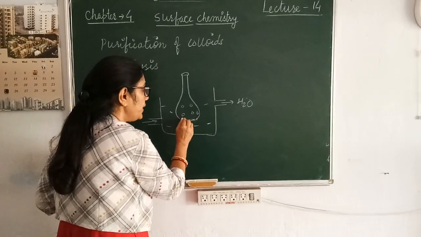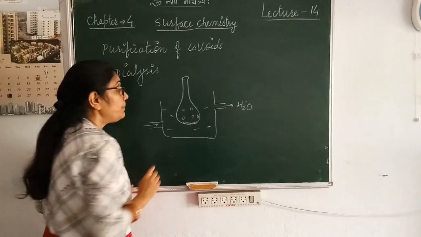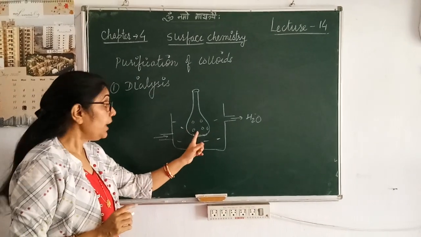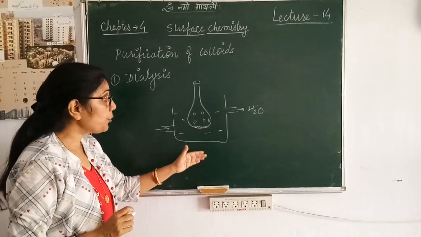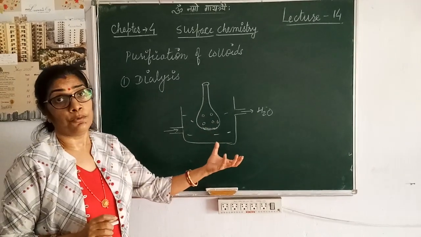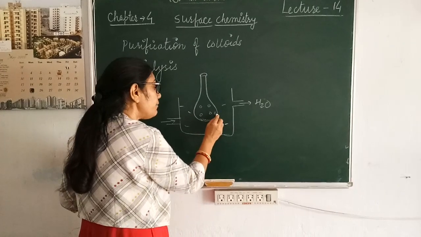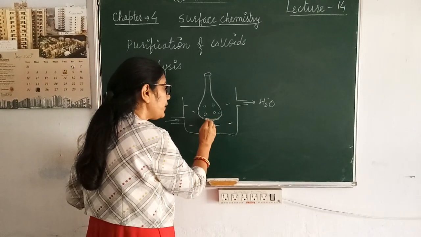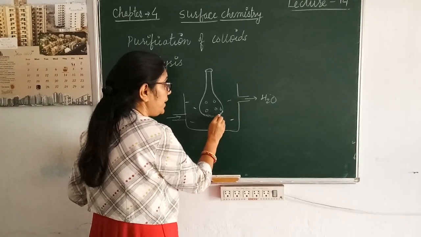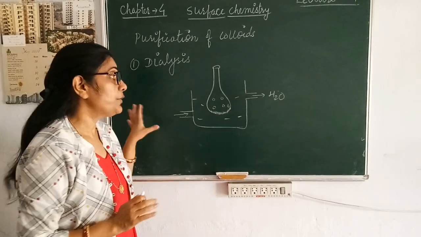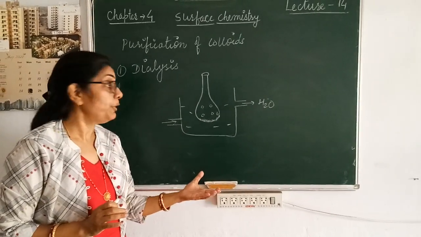So here the membrane is semi-permeable. What happens? The dissolved impurities pass through it, but the colloids remain there. But they can once again enter it, and therefore this water has to be separated out every now and then.